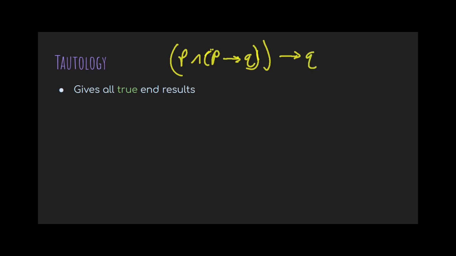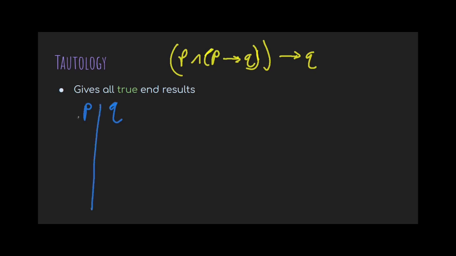We have to prove that this is a tautology. So first, let's make our truth table. We have two propositions within the whole thing, so we're going to write P and Q. Oh, that's a bad Q. It looks more like an A. We're going to write P and then Q.